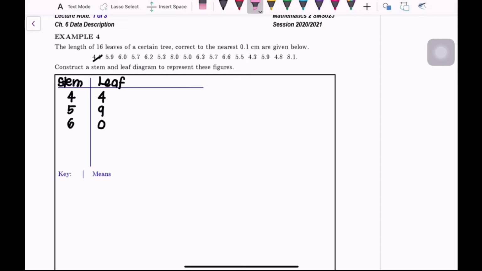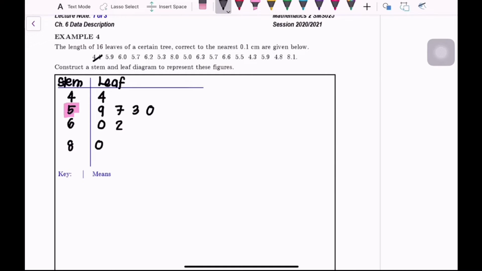We already have stem of 5, so for the value of 5.7, we just write 7 as a leaf. For 6.2, we just write 2 as a leaf. For 5.3, here is 3. For 8.0, we write stem as a 8, then 0 as a leaf. For 5.0, just write 0 as a leaf.